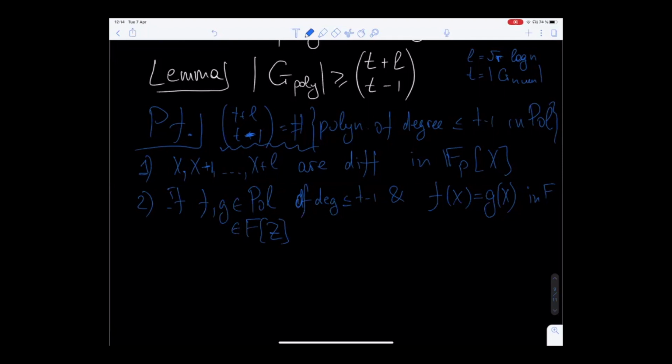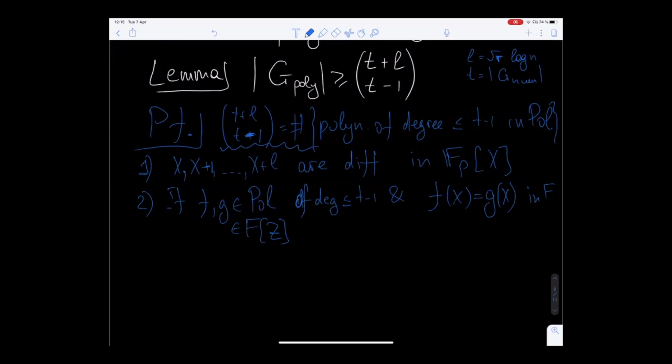So we are thinking about these two things as polynomials over our new field, and now imagine that the value of f of x is equal to the value of g of x in F when we substitute x, which is now an element of the field F. These two things are equal.